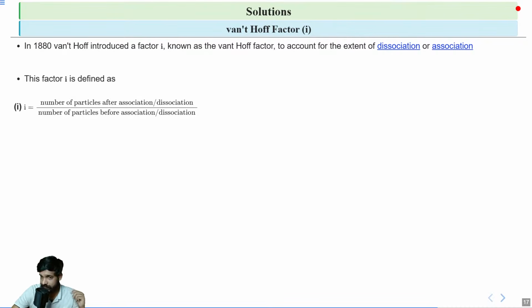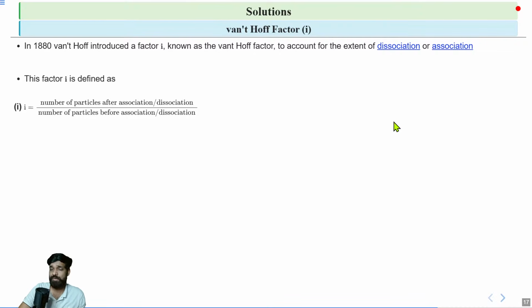So from that methodology, can you tell me what is the value of i for an ionic compound AB2? Again I am repeating my question. What is the value of i for an ionic compound AB2? Please comment it down in your comment section. I said it earlier, calculating the number of particles is simply calculating your i. As simple as that.